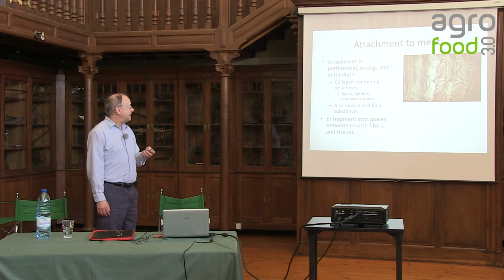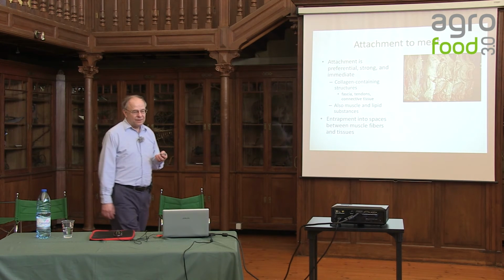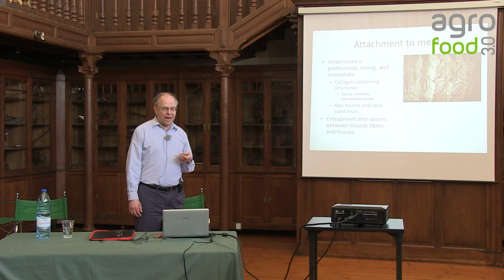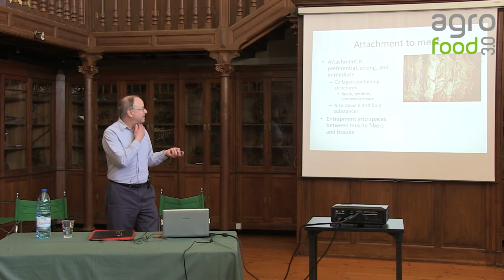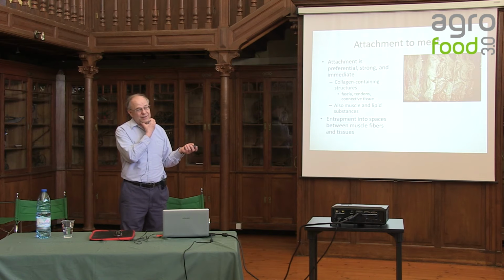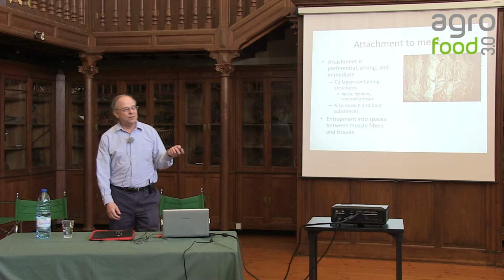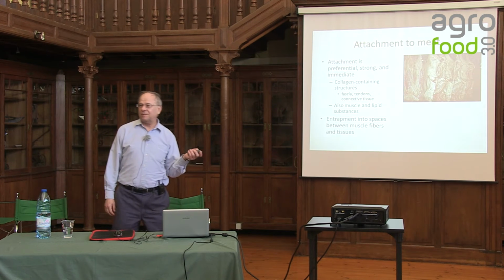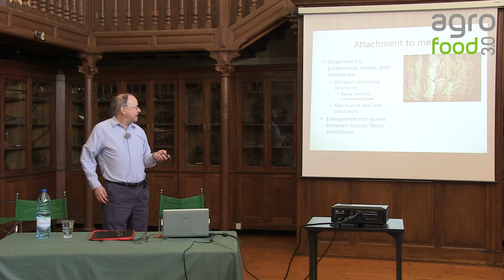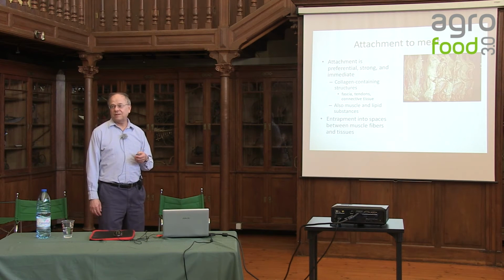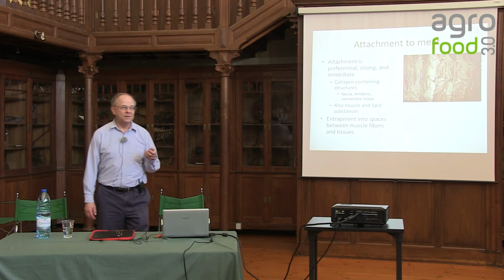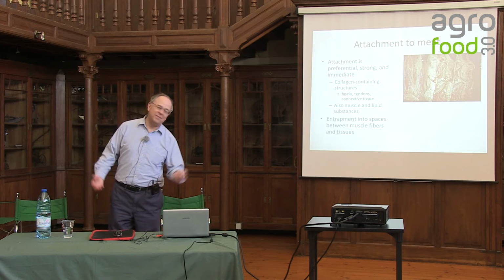Okay, attachment to meat. This is work that is done mainly by Greg Siragusa and Jim Dixon, USDA researchers, because what I did was mainly with chicken, because in Athens, Georgia, we're the chicken people, we're not the beef people.